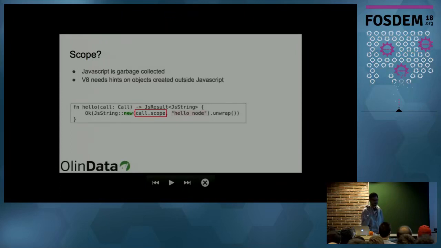So if that function goes out of scope, it can garbage collect those values that were created there. So this call.scope is the way that you hint V8 that, hey, for example, this string that we are creating belongs to the function that called it. So you have to pass around call.scope whenever you create new values.